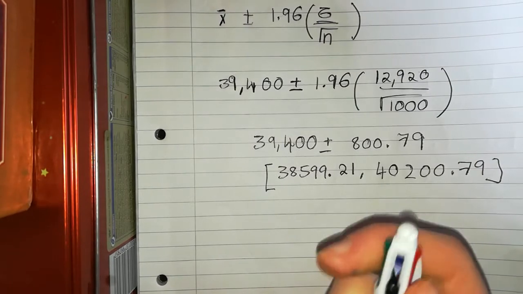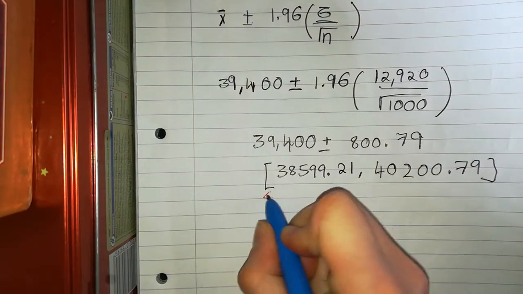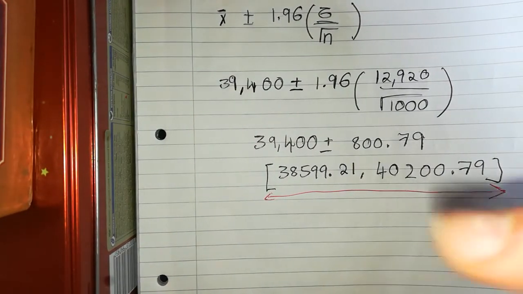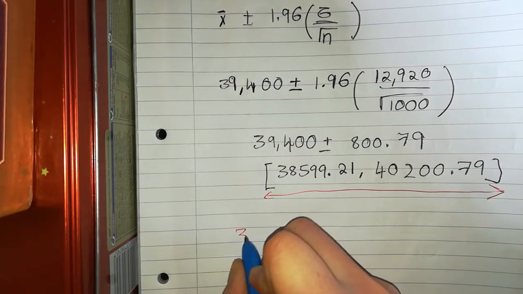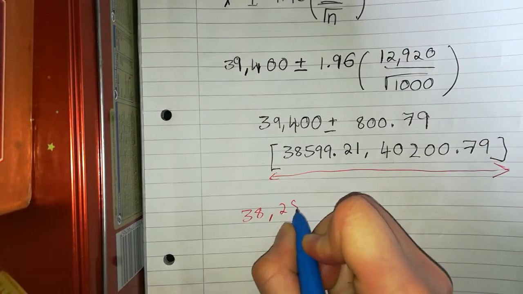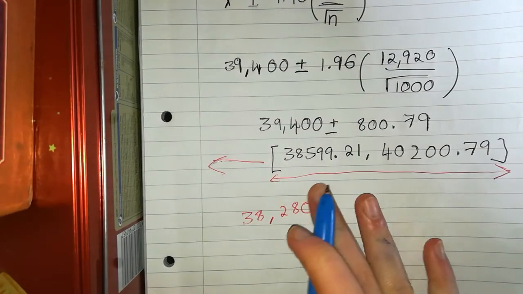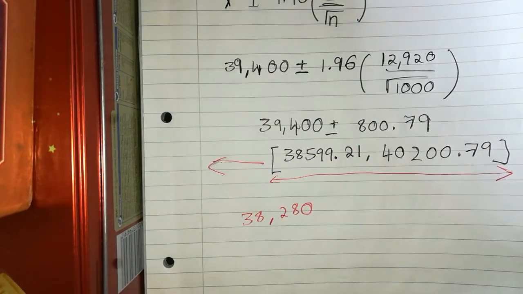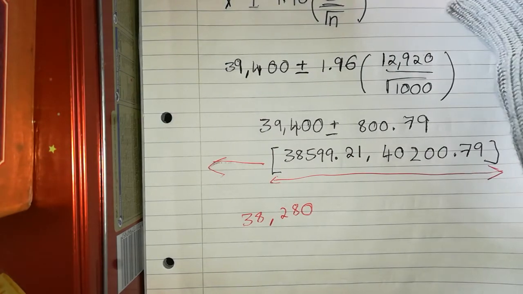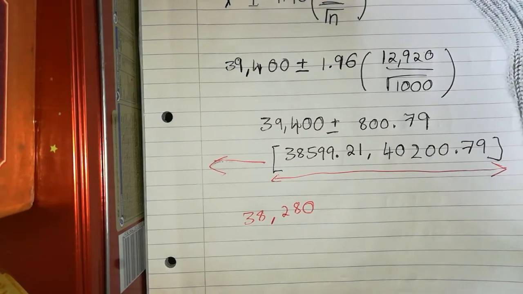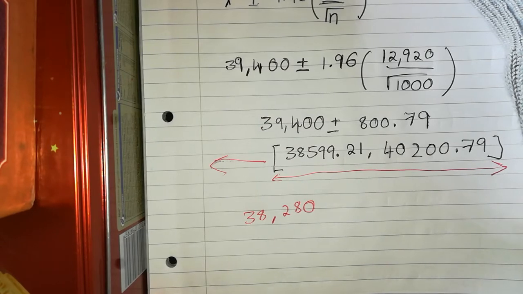That's my range for the mean. Now I compare the mean from my sample, 38,280, which lies outside this interval. So we reject the null hypothesis, and the mean income has changed.